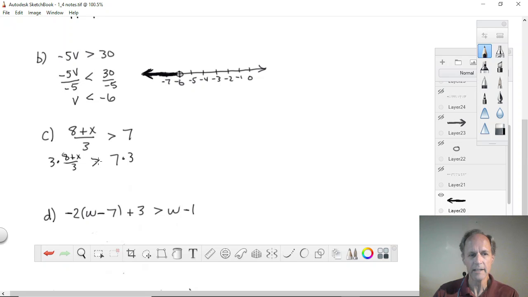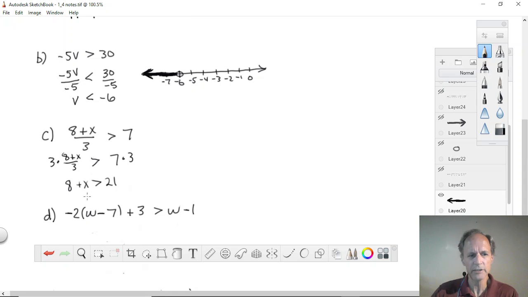So this is 8 plus x greater than 21. Made that awfully big. Make that a little bit bigger. Now we're going to squeeze this in here a little bit.